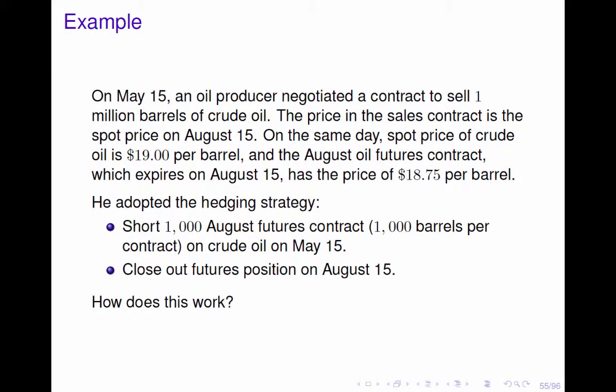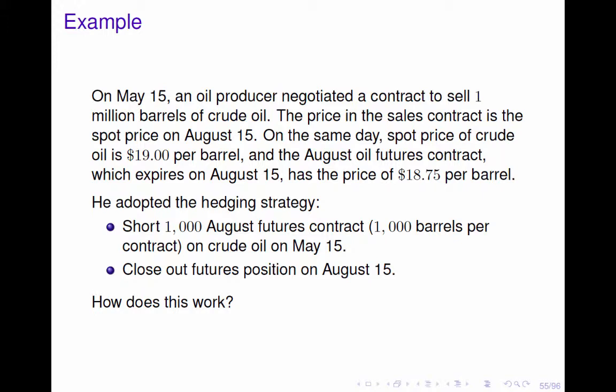On May the 15th, an oil producer negotiated a contract to sell 1 million barrels of crude oil. The price in the sales contract is the spot price on August 15th. On the same day, spot price of crude oil is $19 per barrel, and the August oil futures contract, which expires on August 15th, has the price of $18.75 per barrel.